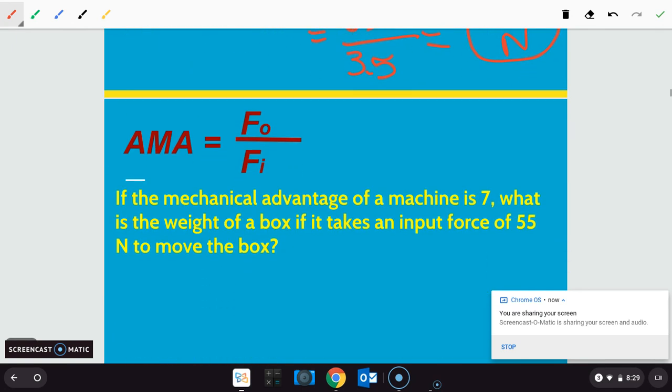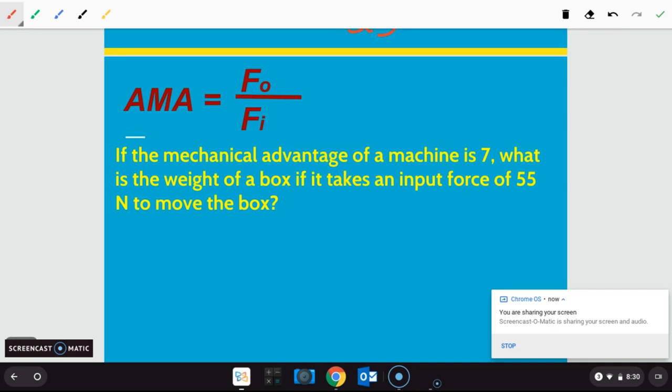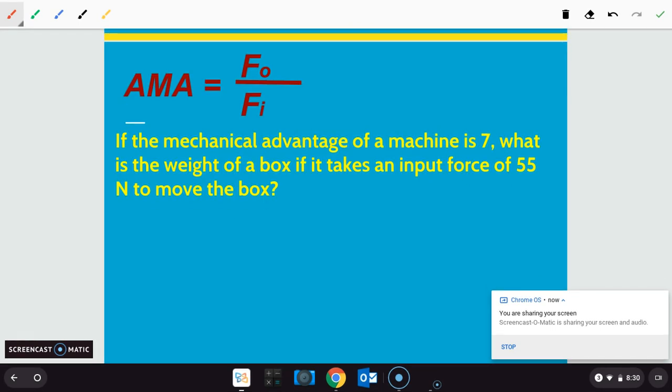If you are looking for one more example, this one is, again, finding something other than mechanical advantage. It says here that the machine has a mechanical advantage of 7, and asks what is the weight of the box if it takes an input force of 55 newtons. So this is force in. Again, just using the exact same formula: AMA equals force out over force in.